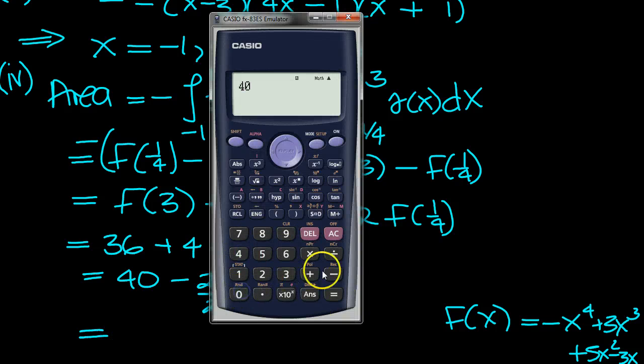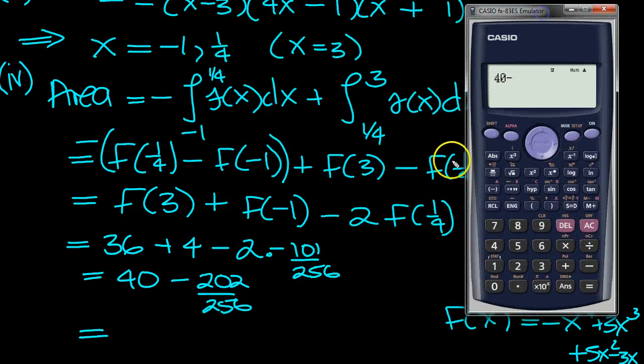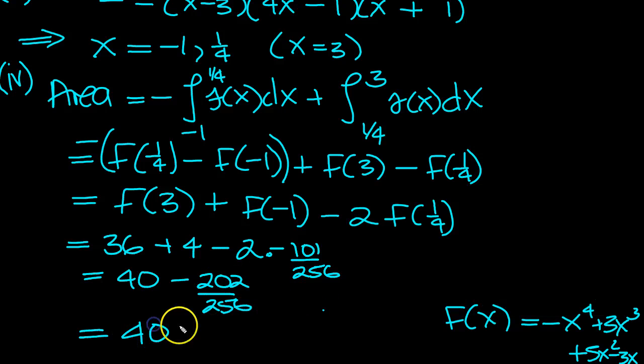So 40 minus, plus rather, because it's a double minus, 202, oh that's fine, I'm happy with that, because it's 40 and 202, well that goes in, the 2 divides into 256, so I can simplify the fraction here. So it's going to be plus, and it will be 101 over 128, isn't it? There's the answer, units squared. Long question.